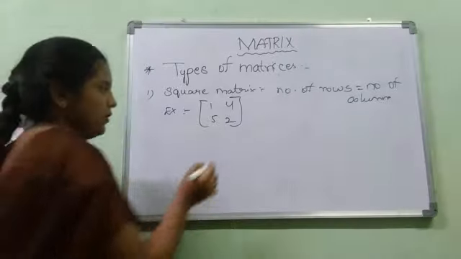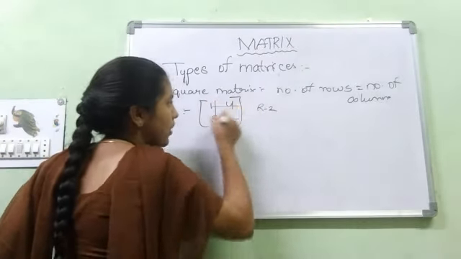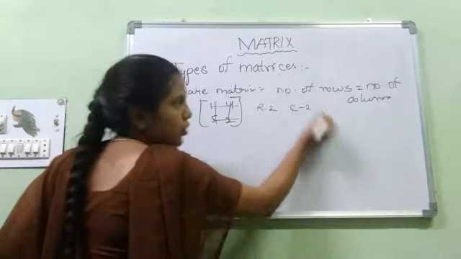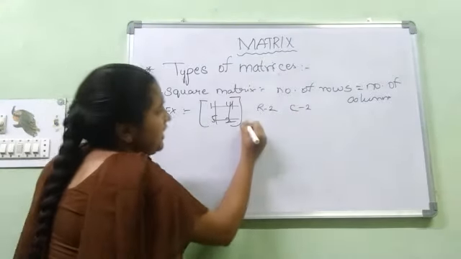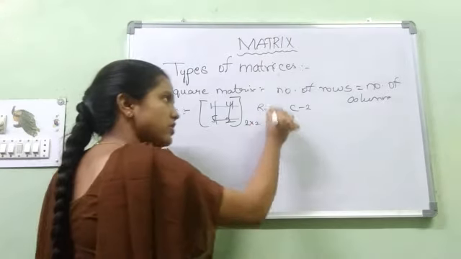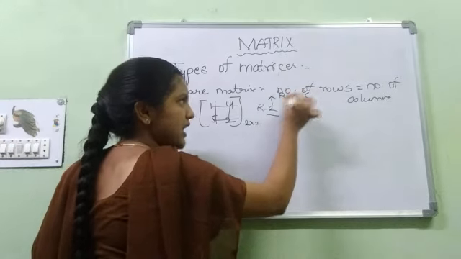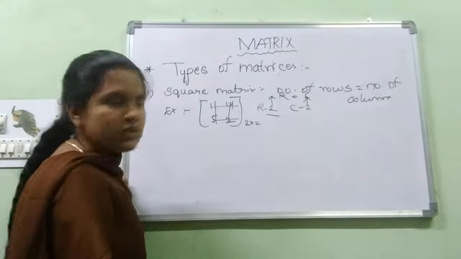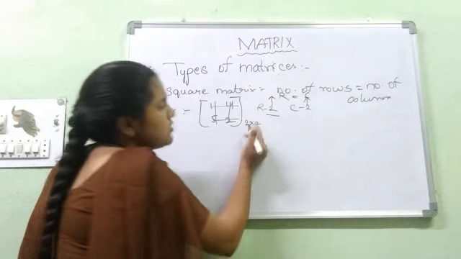How many rows are there? 2. How many columns are there? 2 columns, right? So the order of the matrix is 2 into 2. Here you can observe the number of rows is equal to the number of columns, so this is a square matrix.